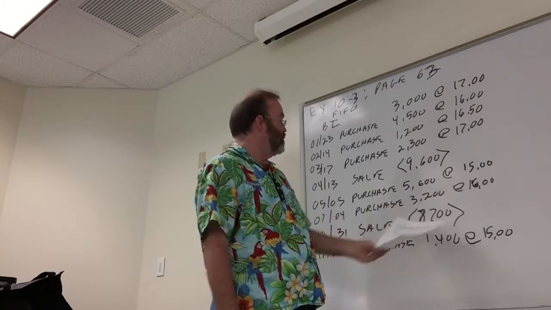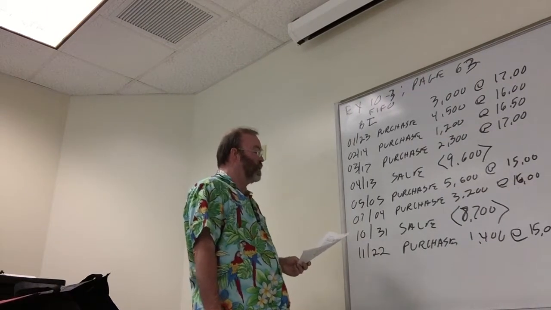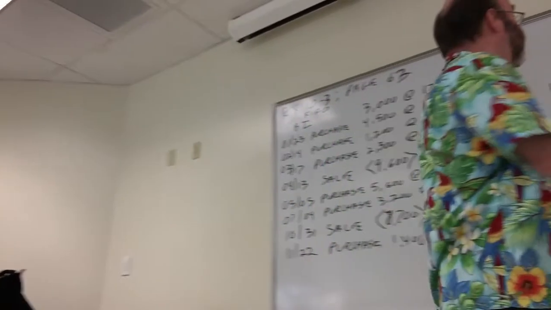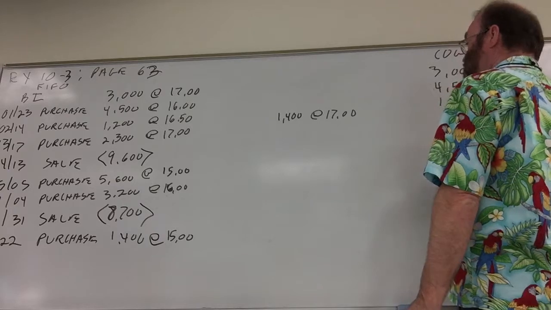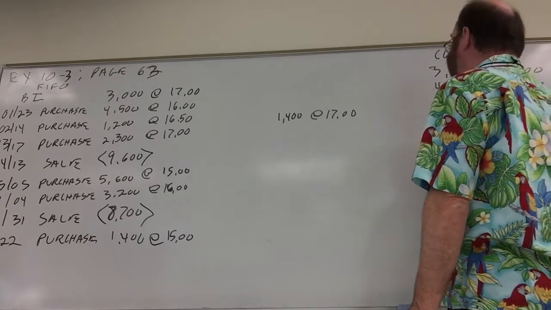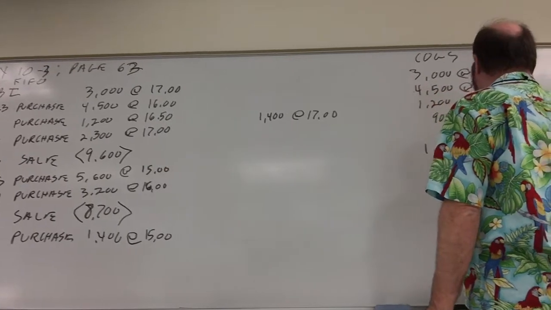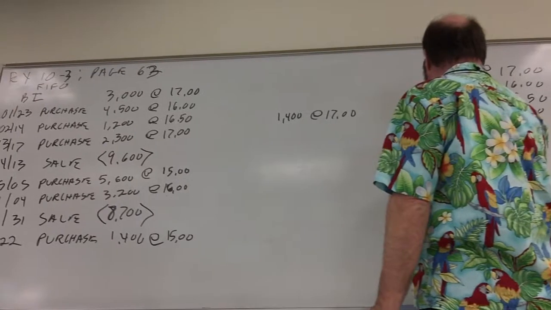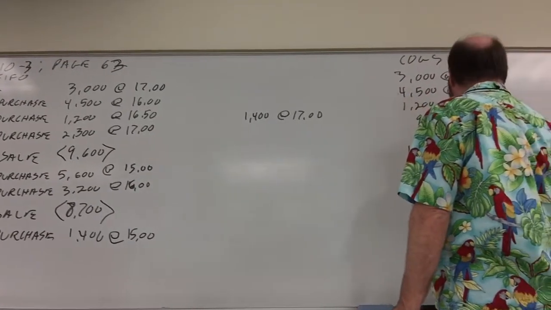So then we make our two purchases on May the 5th and July the 4th. So when we sell this 8,700, we're going to sell the remaining 1,400 at 17. We're going to sell all 5,600 at 15.